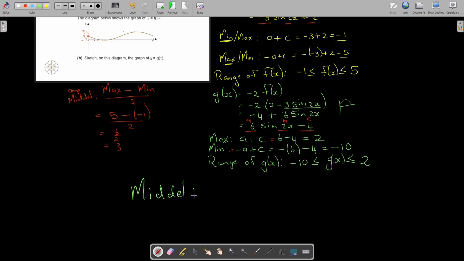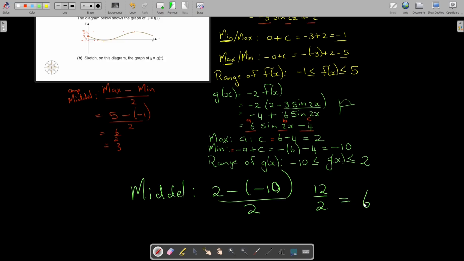Okay, so it's going to be the maximum minus the minimum, and I'm going to divide it by 2. Are you with me? So if I'm going to look at this, I'm going to say, okay, so this is going to be 12 divided by 2, and that is going to be 6.